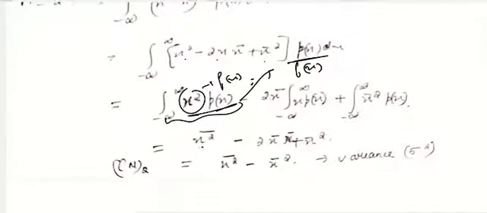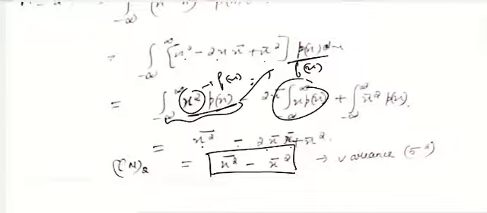That is x square bar minus 2x bar times x bar plus x bar square. So, the answer we get is x square bar minus x bar the whole square. This is known as the variance. This is a very important formula for variance.